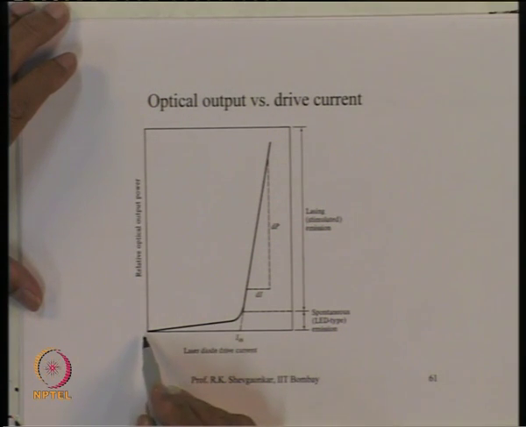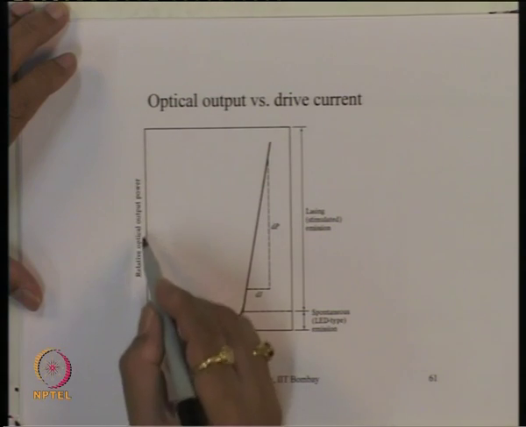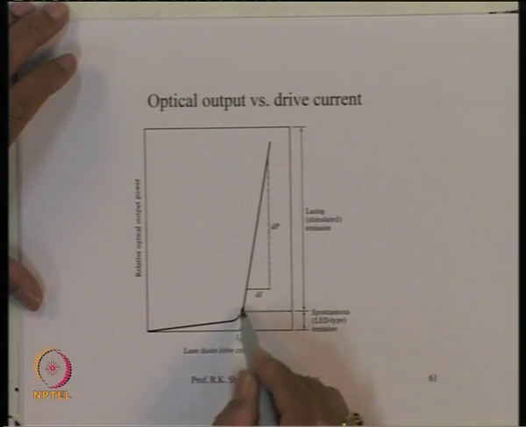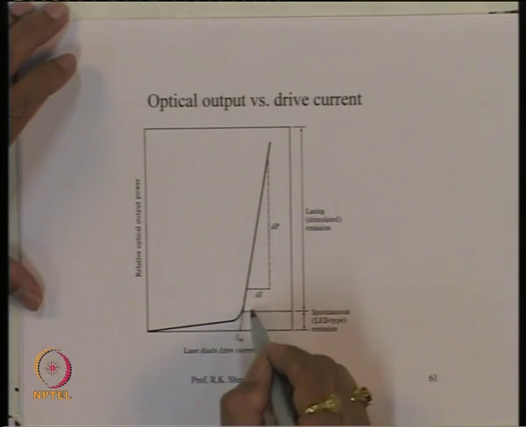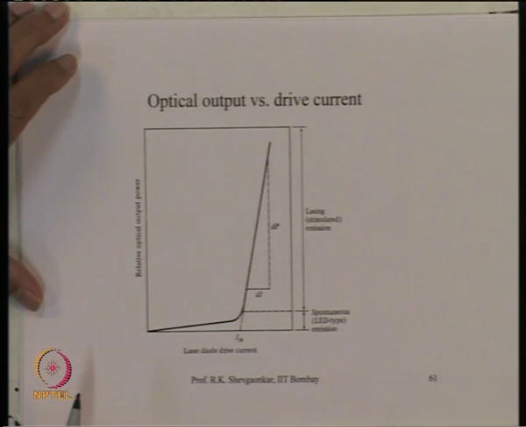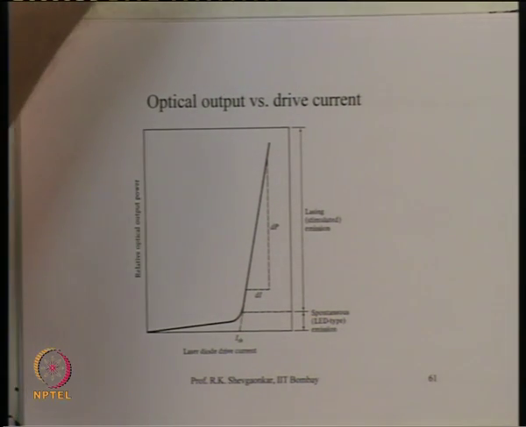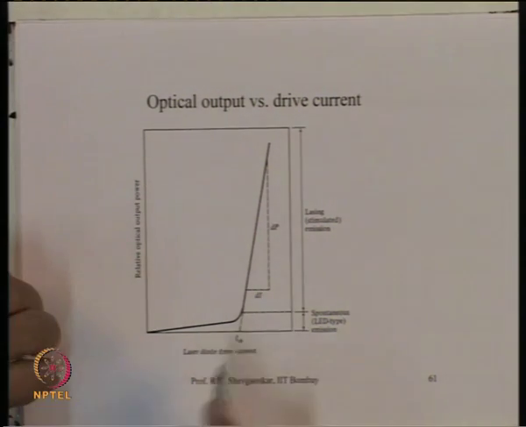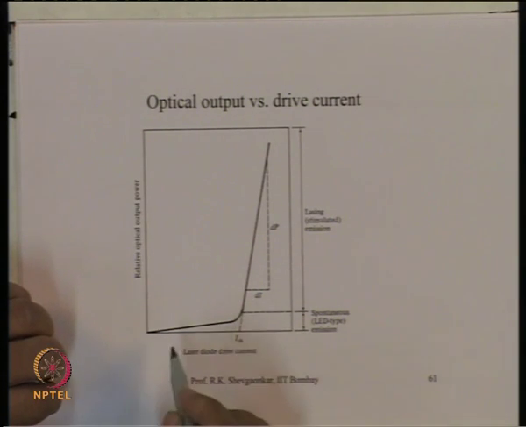What that means is that if the device is biased at 0 current, then the switching time will be longer because it will take some time to build the population inversion, and once you reach that threshold value, beyond that only you will get the stimulated emission. So, essentially what we are saying is that you have a delay associated with switching this device, and the delay will depend upon the biasing current with respect to the threshold current.